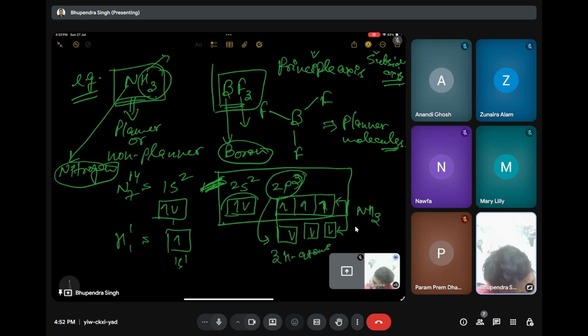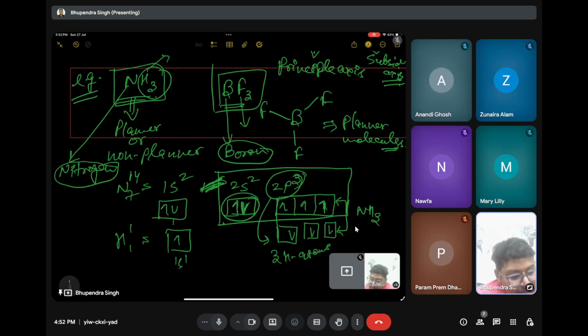But these 2s2 electrons still remain as they are. So these are the lone pair.